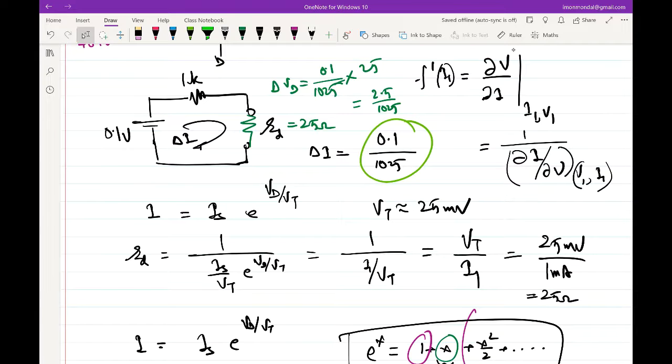But that is one step ahead of why it is going to be valid. It is a good point, because this is a very simple network where I have shown one resistor, one diode. Now you can have a complicated network with multiple nonlinear elements. Then how do I go ahead and solve it?